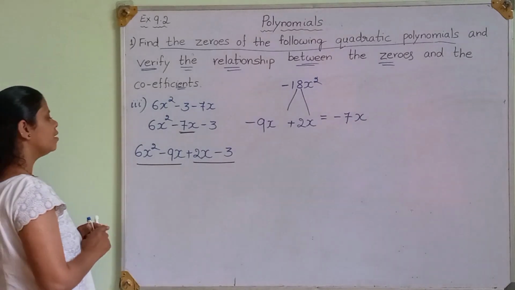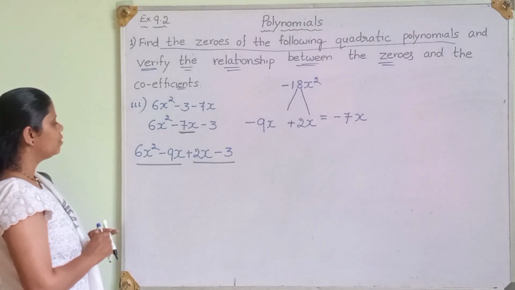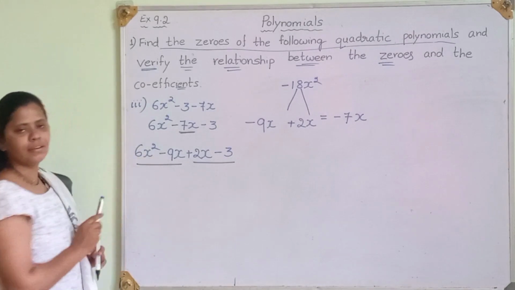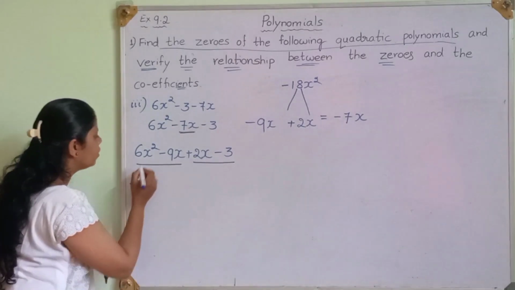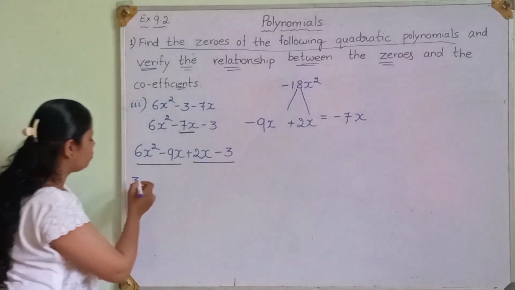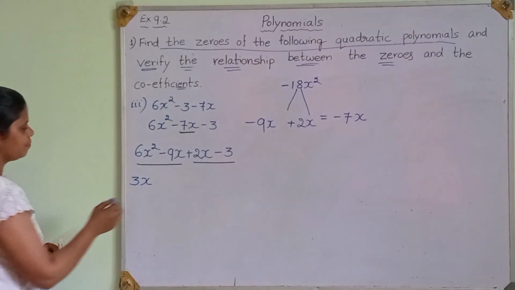Now tell me, 6x square minus 9x, which is common? Just compare the numerical numbers, 6 and 9. What is common? 3 is common, right? X square and x, what is common? X is common. Therefore, let us bring 3x outside.